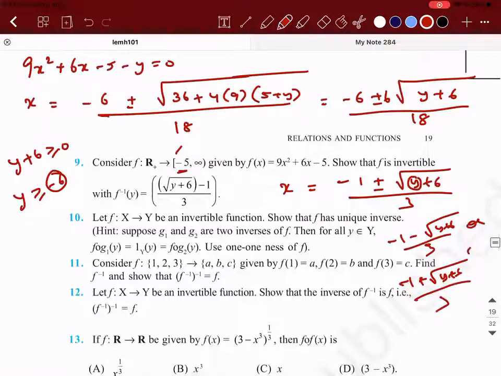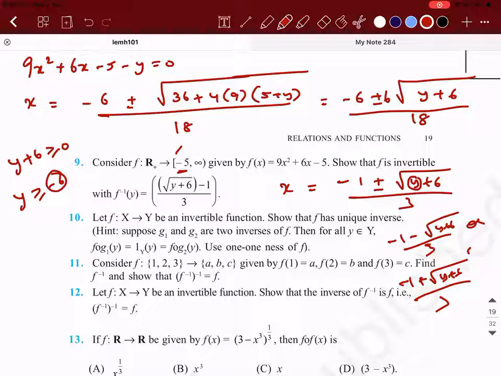I'll choose this one because when you substitute minus 5, the least value you get is 0. According to the textbook, R plus is the non-negative real numbers, 0 included, and we'll follow that. But some books say 0 is not included. Are you able to understand what I'm trying to say?